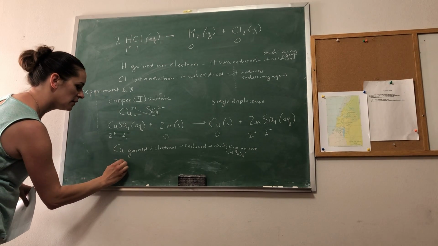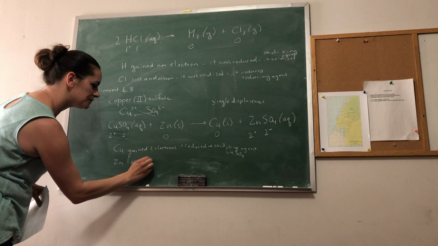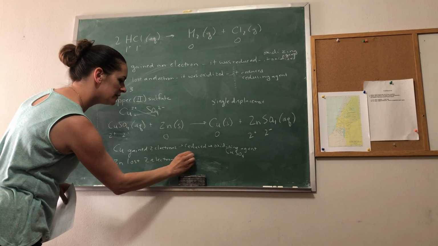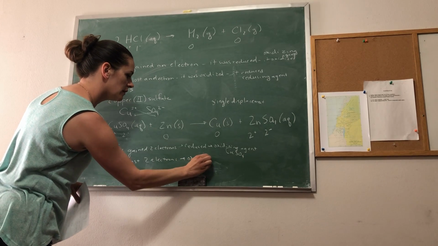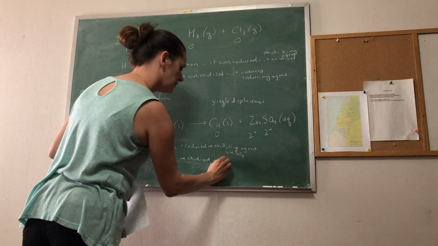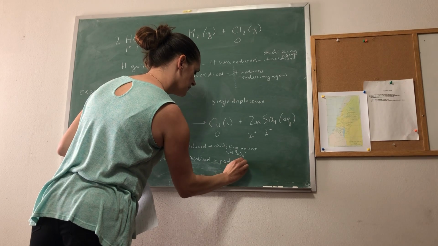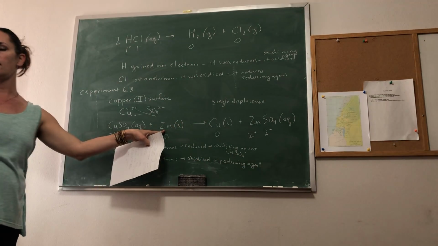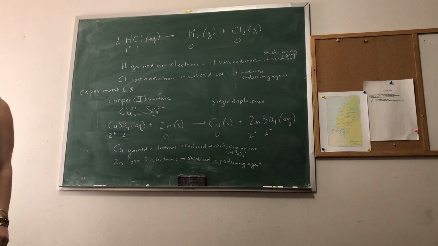So zinc lost 2 electrons. So it was oxidized, which means it was the reducing agent. And it was just metal zinc here, it wasn't in a compound, so we just say zinc was the reducing agent.